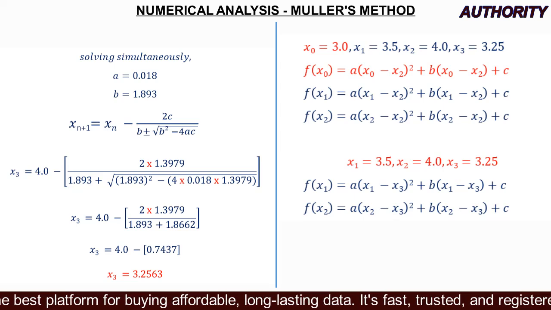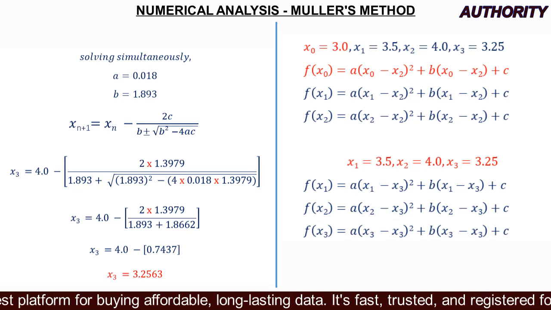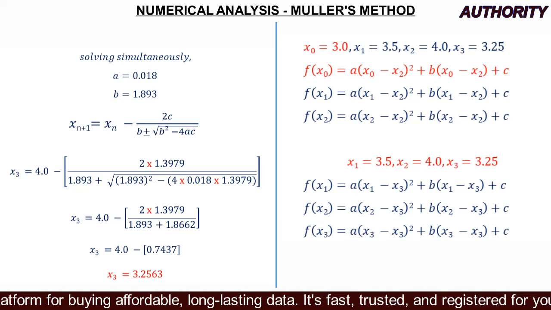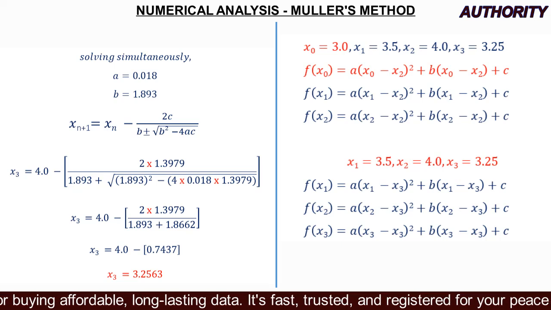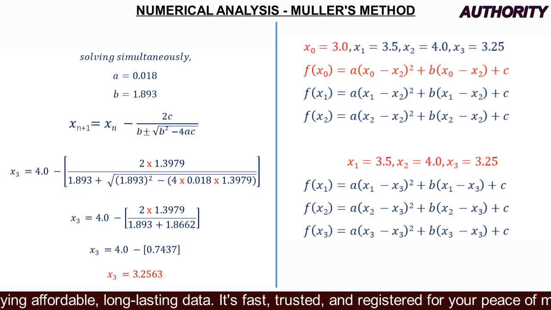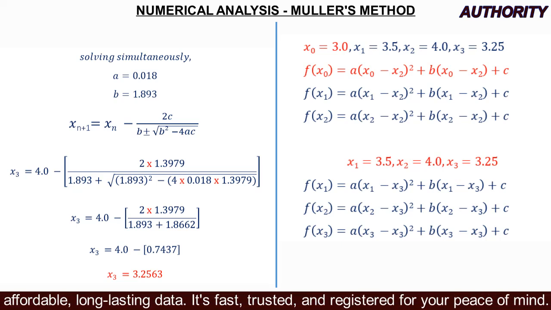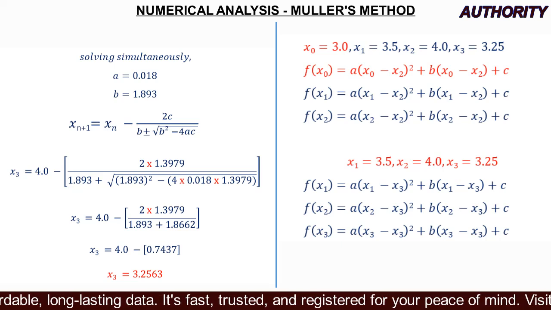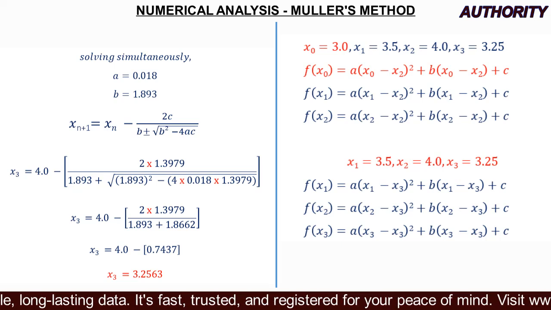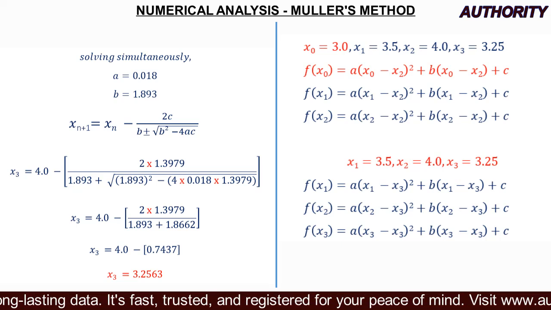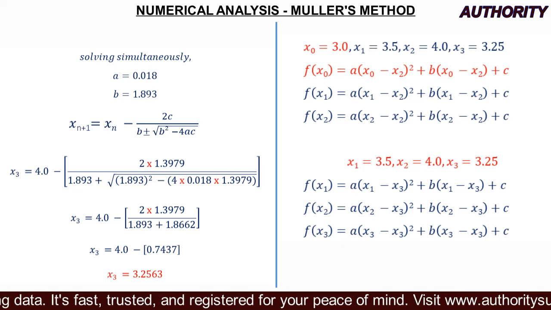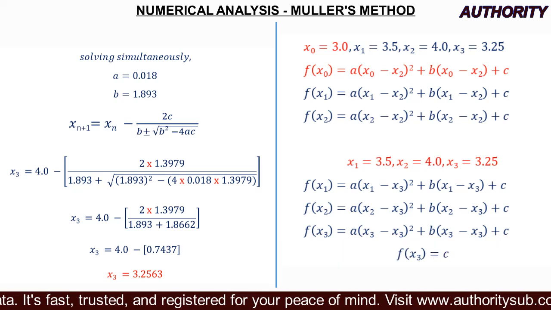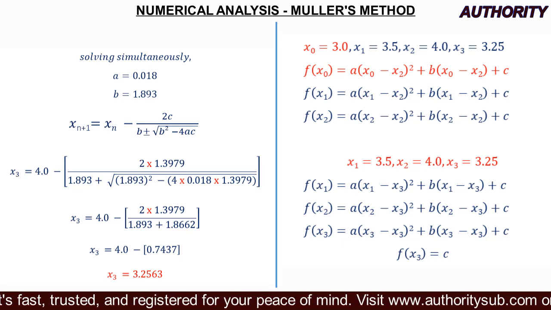And f of x3 is a open bracket x3 minus x3 close bracket squared, plus b open bracket x3 minus x3 close bracket plus c. When we say x3 minus x3, it gives you 0, so f of x3 is equal to c.